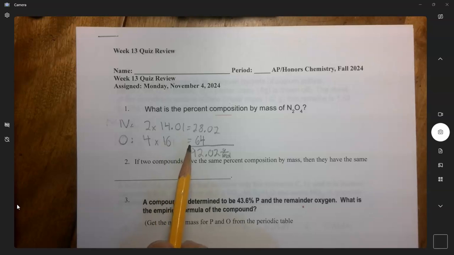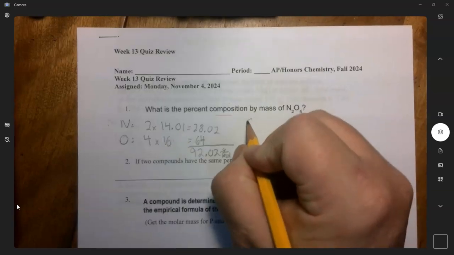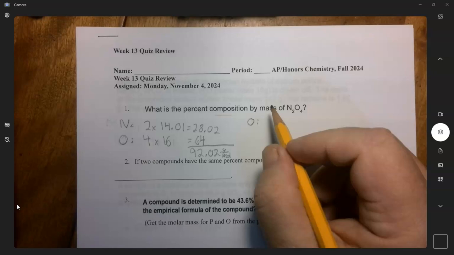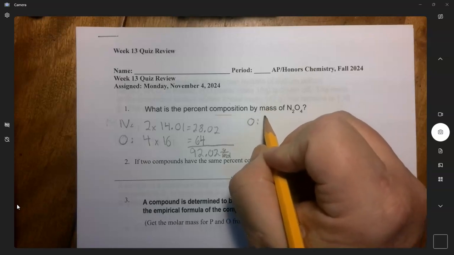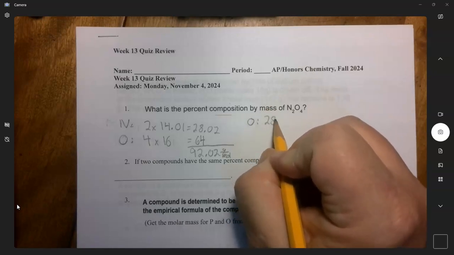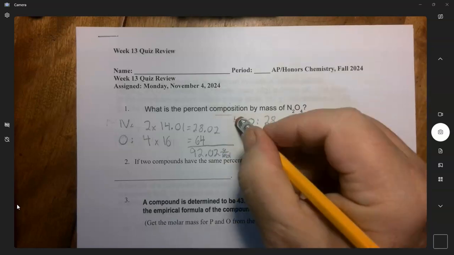Now you simply take these one at a time. So for O, it's going to be this. Excuse me, for nitrogen. Let me correct that.